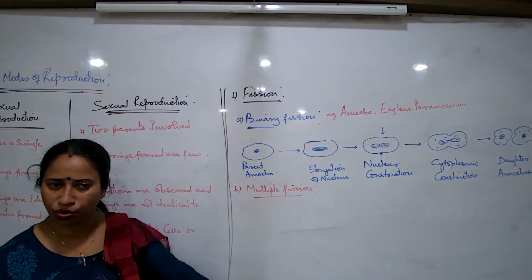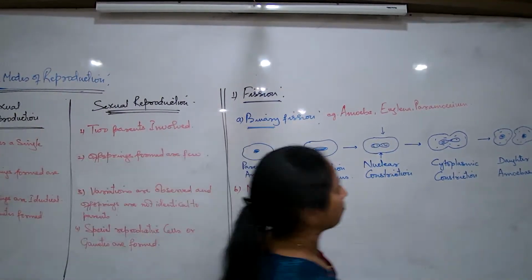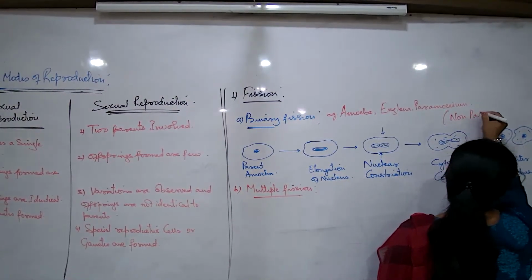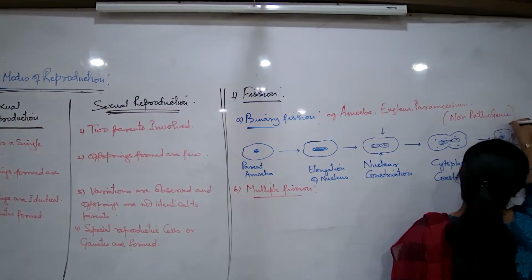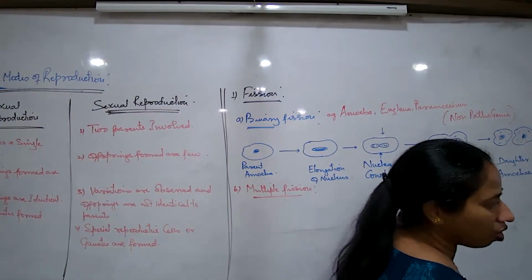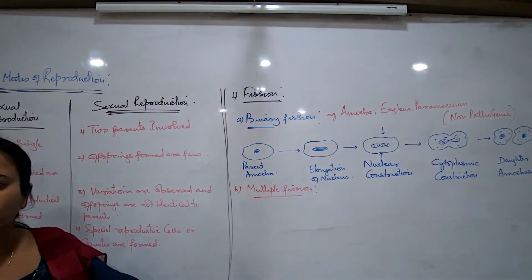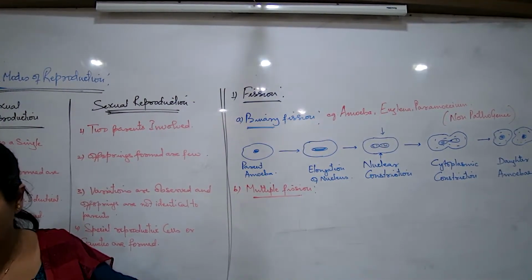Euglena, paramecium, no, they are not pathogenic. They don't cause any disease. So what is common in all of them? They are non-pathogenic organisms. So you may also write this as a point of difference: binary fission always takes place in non-pathogenic, non-disease-causing unicellular organisms.